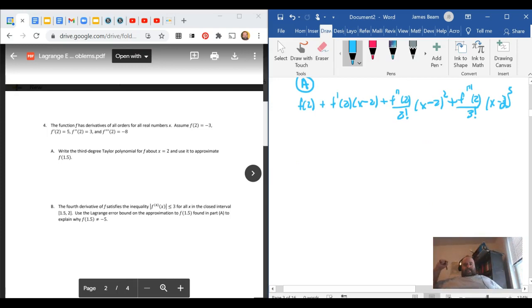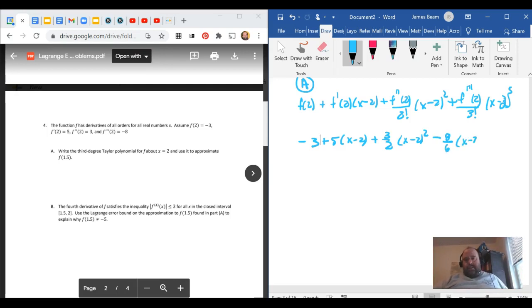So putting in the appropriate derivatives, we're going to get -3 plus 5 times x minus 2 plus 3 halves times x minus 2 squared plus -8, so that's going to be a minus, right? Minus 8 over 6 times x minus 2 cubed.